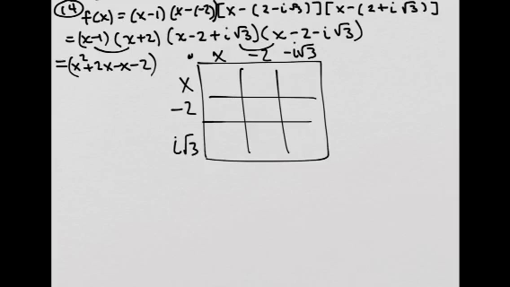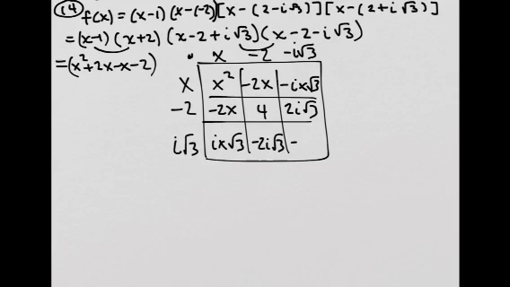It's a multiplication chart. So here I have x squared, negative 2x, negative ix radical 3, negative 2x, 4, then I've got 2i radical 3, and then ix radical 3, negative 2i radical 3, and negative i squared radical 9. I'll simplify it in the next step.